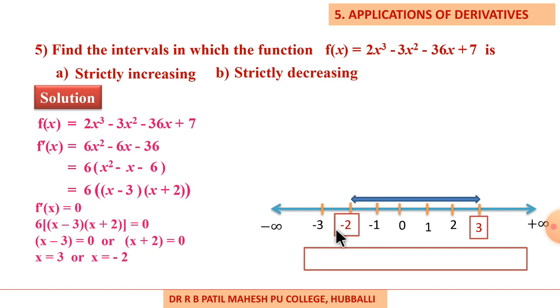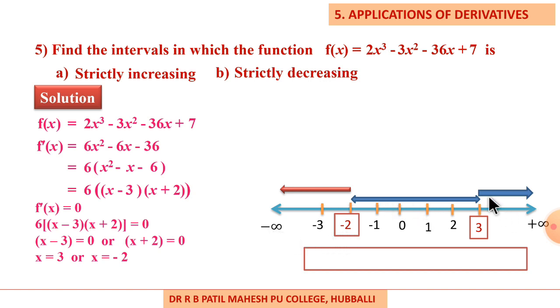Now, by using this number line, we got a total of 3 intervals. The first interval is minus 2 to 3. The next one is 3 to infinity. This is the second interval. And the third interval is minus infinity to minus 2.